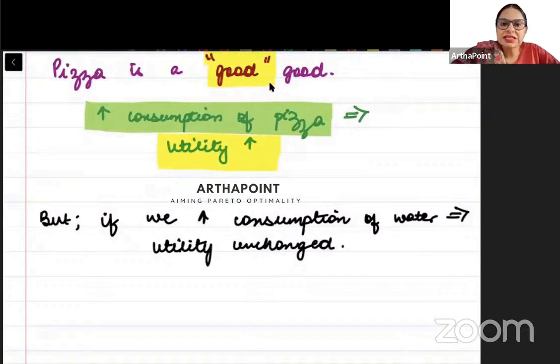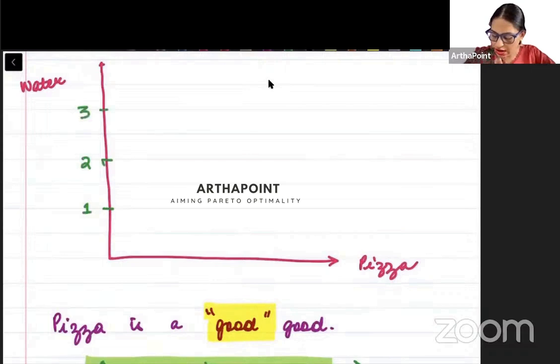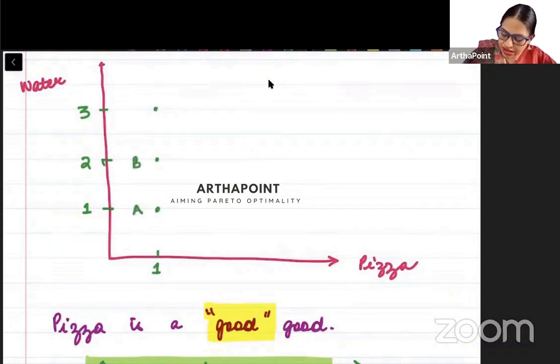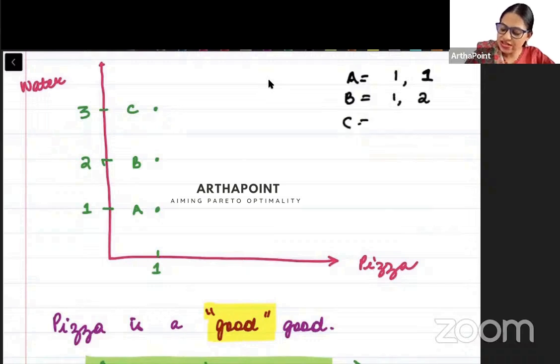But if we increase the consumption of pizza, utility will increase. तो देखो ध्यान से, whether I have 1 unit of water, 2 units of water, 3 units of water, as long as I have 1 pizza, I am getting the same utility from points A, B and C. है कि नहीं? Point A is 1 pizza, 1 water. Point B is 1 pizza, 2 water. Point C is 1 pizza, 3 water.